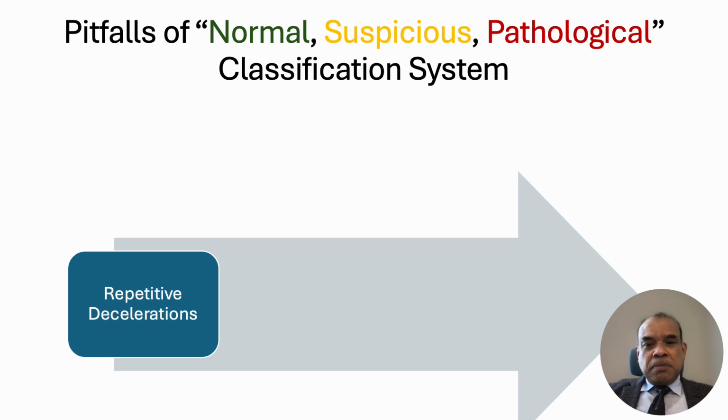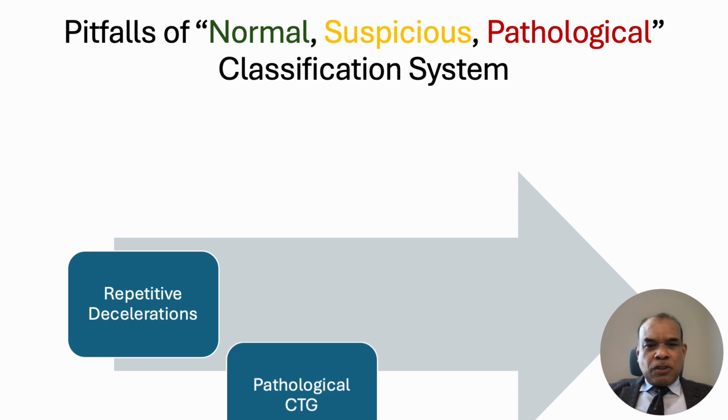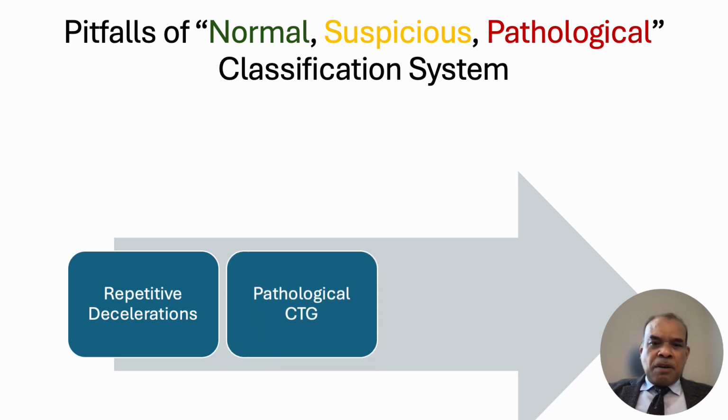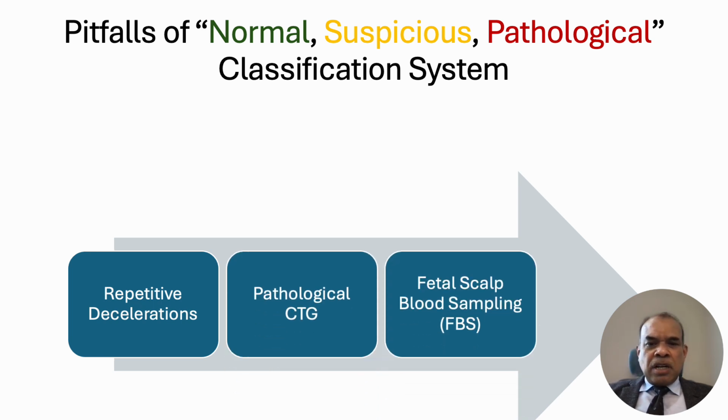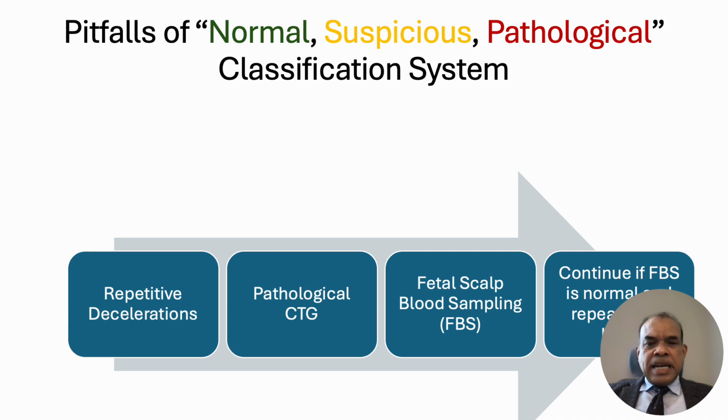And this is the problem, where when we don't understand what we do, we have to do crazy things in clinical medicine. So repetitive decelerations, the guideline said pathological CTG, take a blade and cut the skin of the scalp. And then if the skin is normal, continue doing FBSs every hour. That's what the national guideline said.